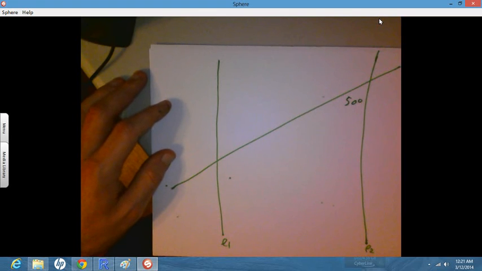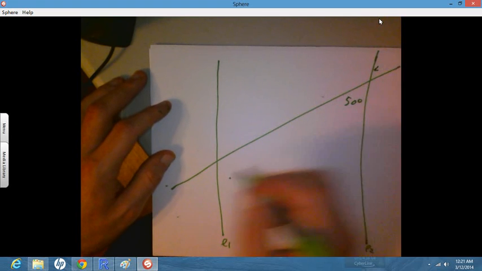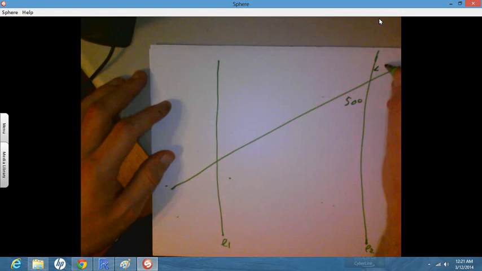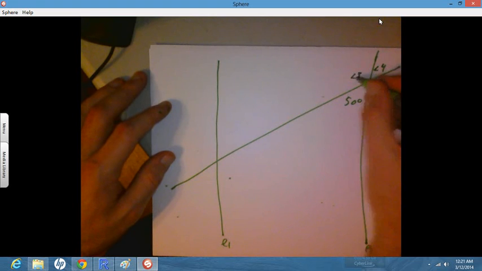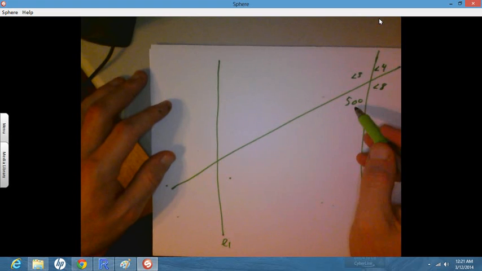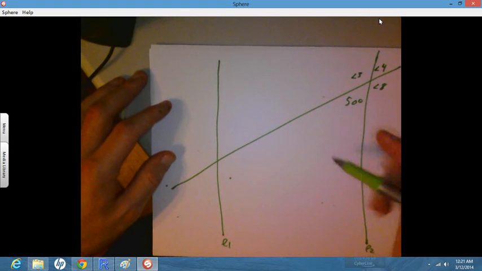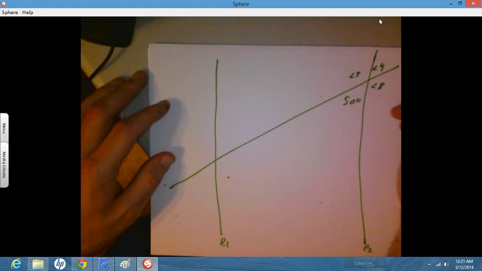Before I use that fact, I'm going to label my angles. I am going to call this angle 4, this angle 8, and this angle 3. Well, 50 degrees is vertical with angle 4, so angle 4 is going to be 50 degrees. I'm also going to note that there's 180 degrees in a straight line.